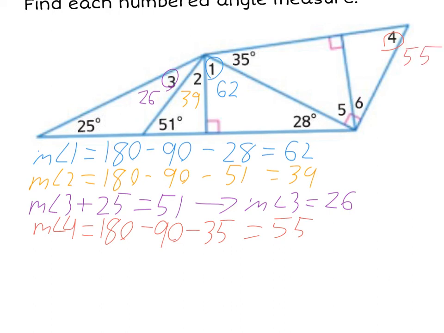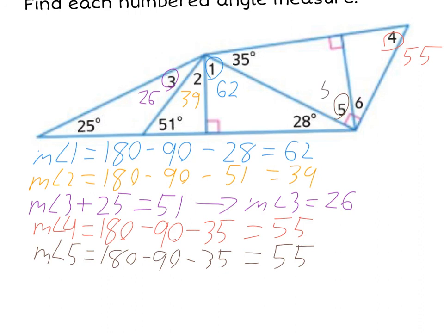Let's see, other colors. Brown. Measurement of angle 5. For the measure of angle 5, we're going to use this triangle here, such that we have a known 35 and a known 90. So the measurement of angle 5 is equal to 180 minus 90 minus 35, which again gives 55. Measurement of angle 6, the final one.